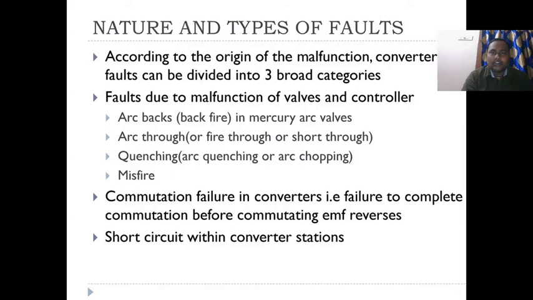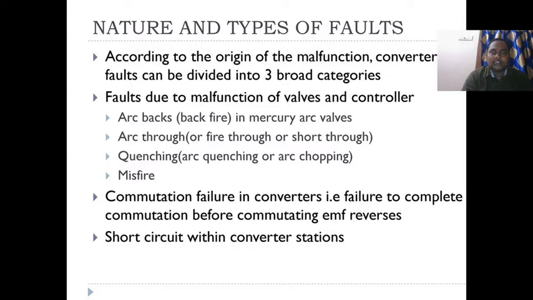That can be treated as symmetrical faults and unsymmetrical faults. But in case of HVDC system, we have both AC as well as DC systems. The AC side normally has symmetrical and unsymmetrical faults, but in case of DC system, we use converters.